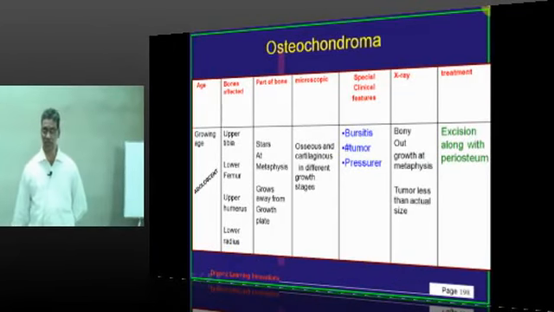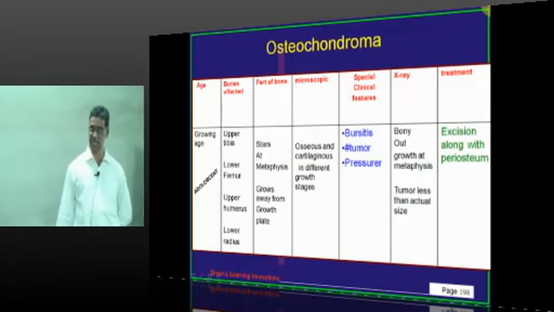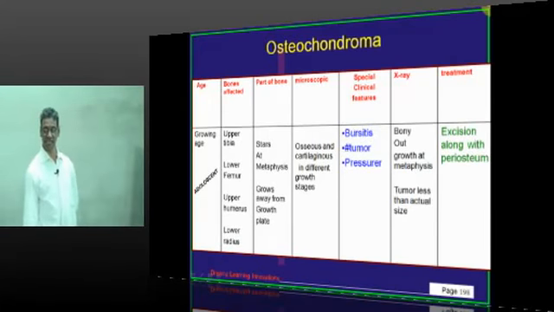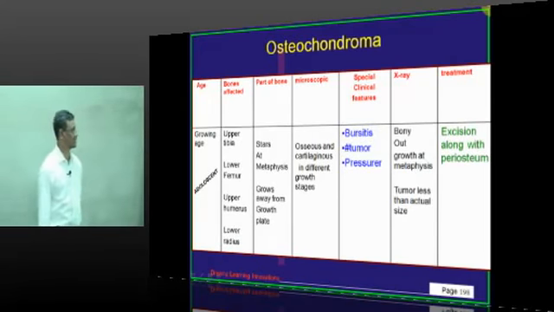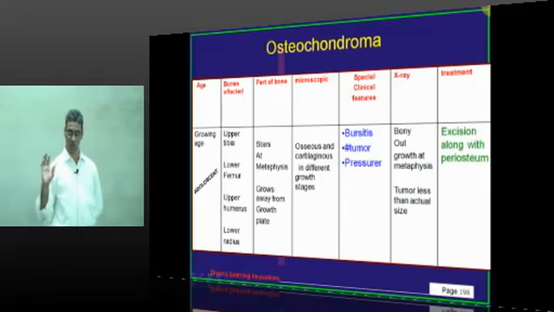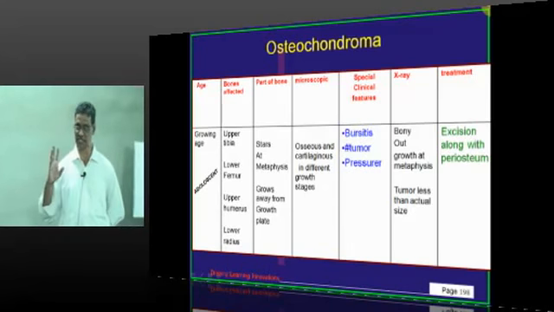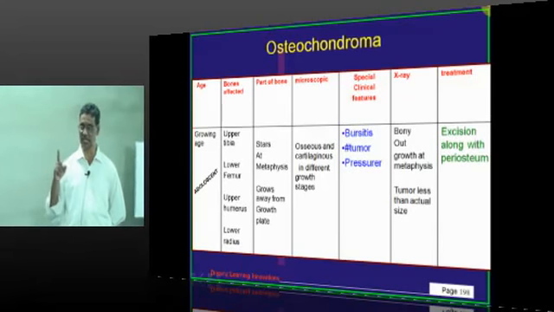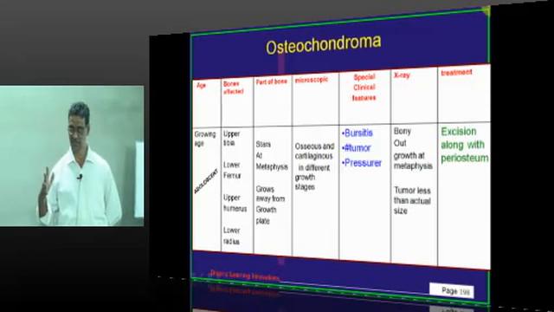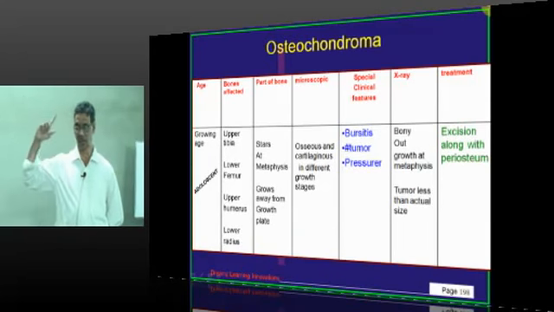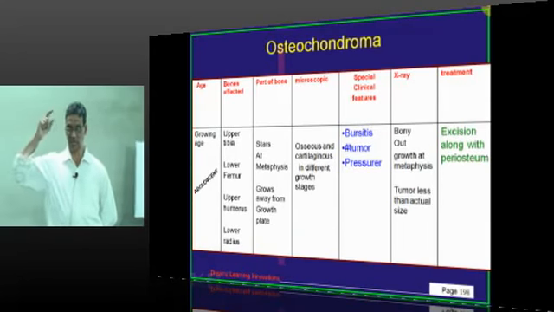So this is a brushing up of this topic. In adolescence, it starts at the metaphysis and goes towards the diaphysis, at the growing ends of growing children. Osteochondroma is common there.